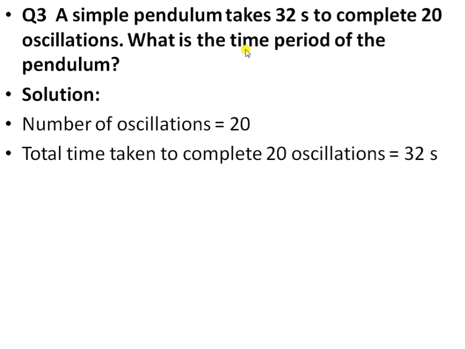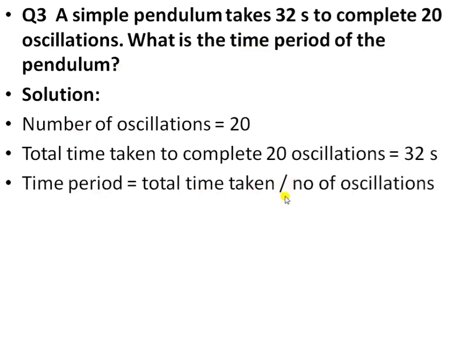The formula of the time period of the pendulum is the total time taken divided by the number of oscillations. So simply divide 32 by 20, that is 1.6 seconds. This is the answer of question number 3.